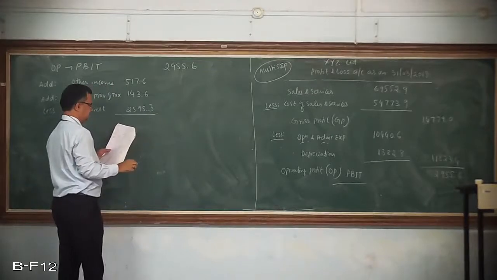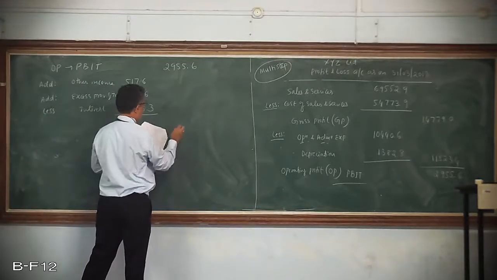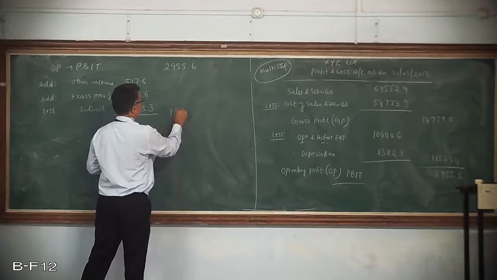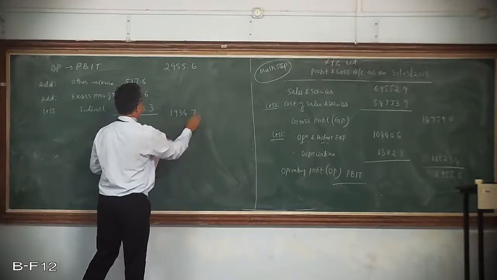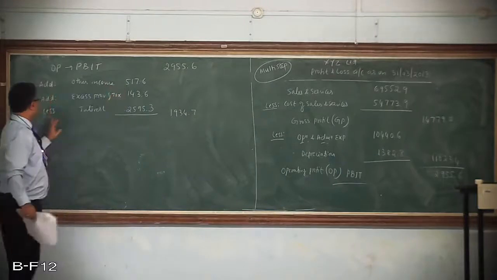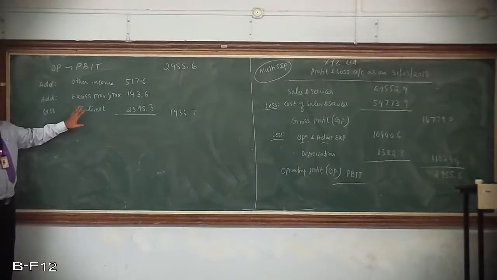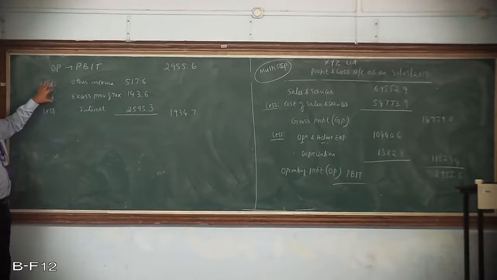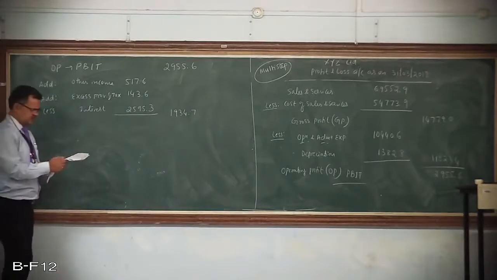So that is equal to 1934.7. You are adding these two values and subtracting the interest from the values.